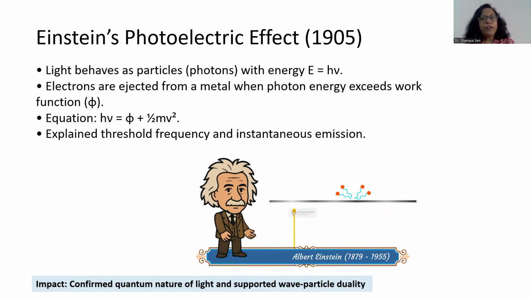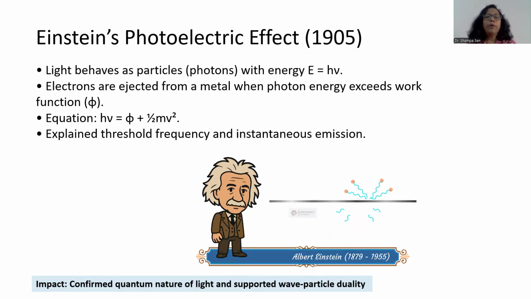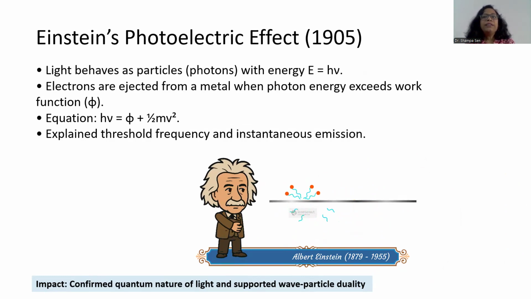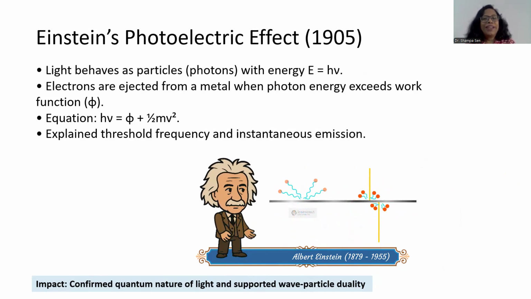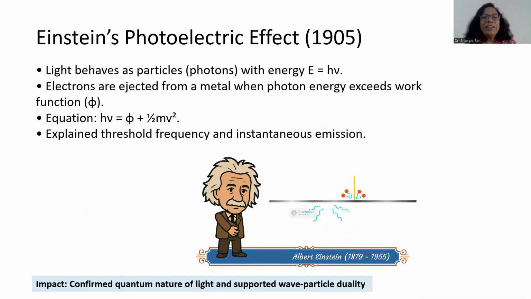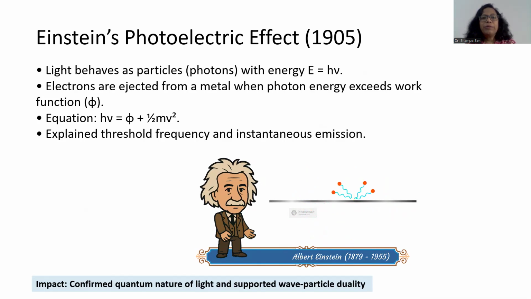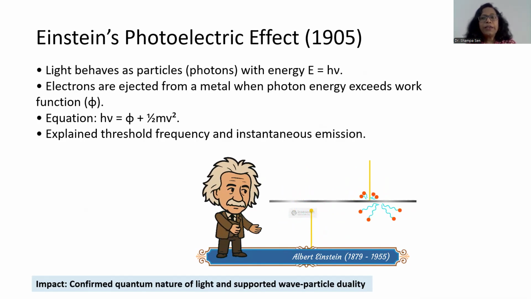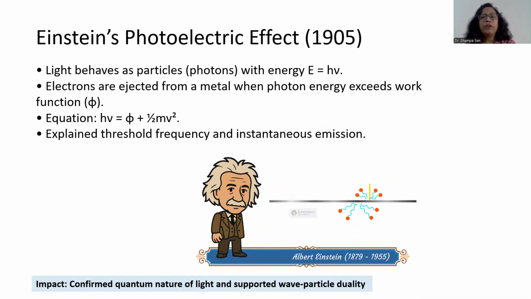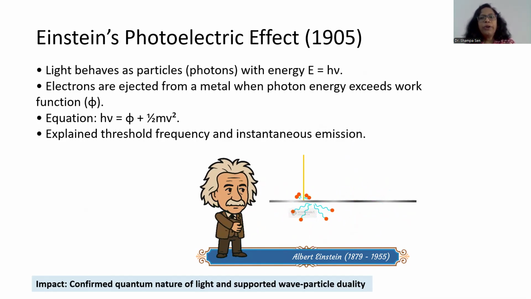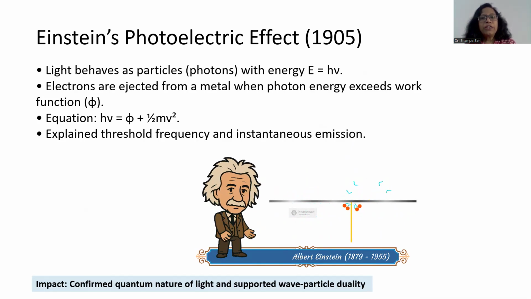In 1905, earlier than Bohr's model, Einstein gave his photoelectric effect theory. Light behaves as particles, known as photons, packets of energy, with energy given as E is equal to h nu, where h is Planck's constant.